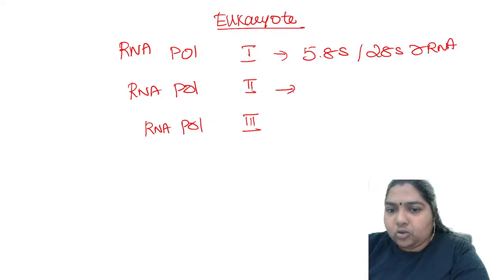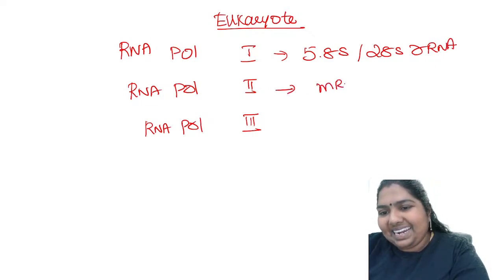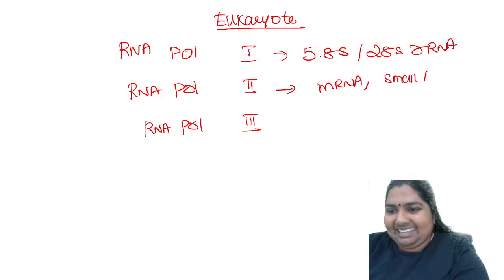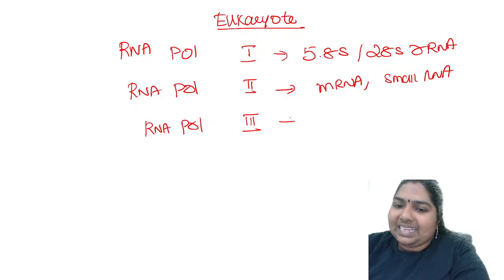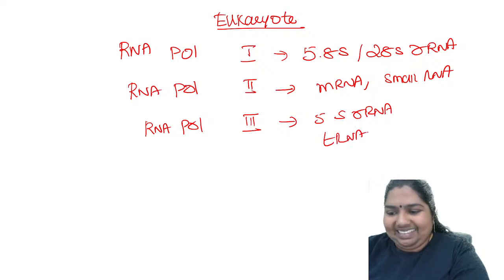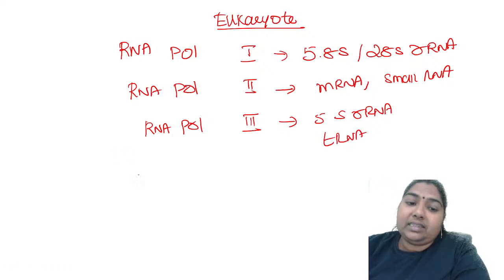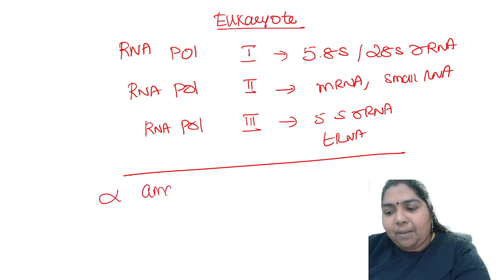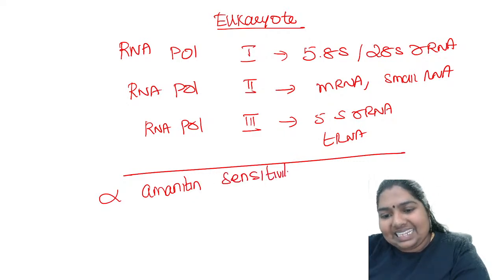Pol 2 is meant for mRNA as well as small RNAs. Pol 3 is for 5S rRNA, tRNA and a few small RNAs. One more point is the alpha-amanitin sensitivity. So what is this alpha-amanitin?